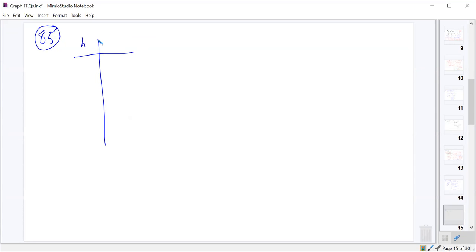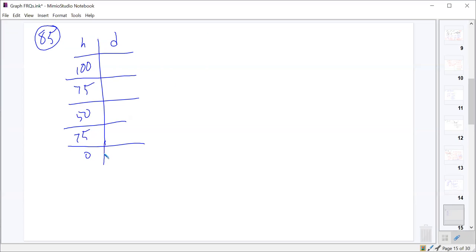Here's our height: 100, 75, 50, 25, and 0. And here is our diameter: 5, 7, 9, 15, 17. They want us to use the midpoint rule with 4 subintervals to estimate the volume of this to the nearest 100 cubic feet.